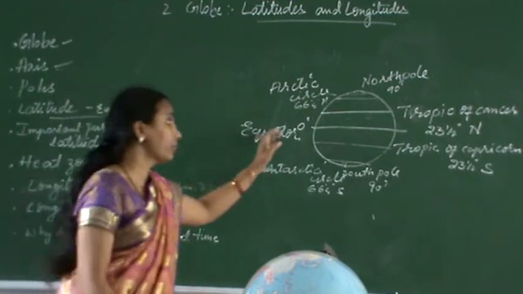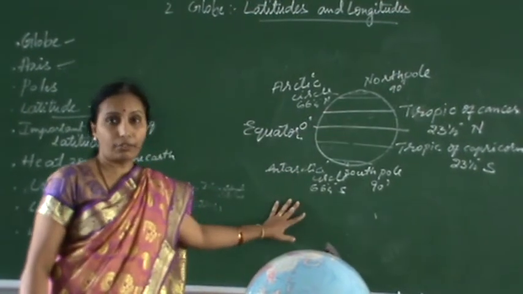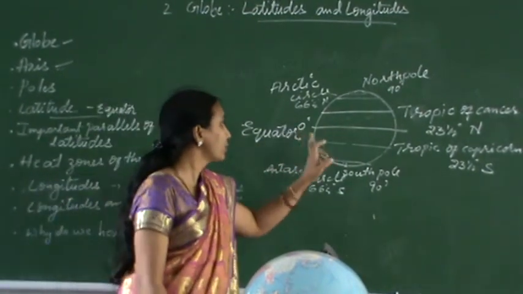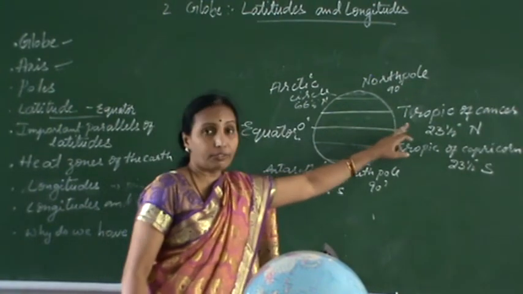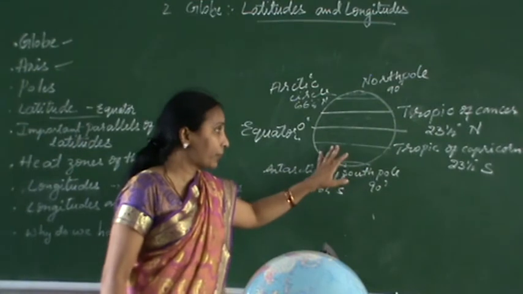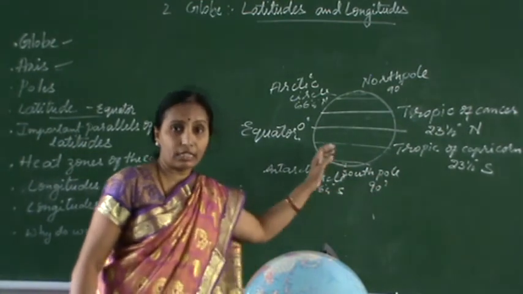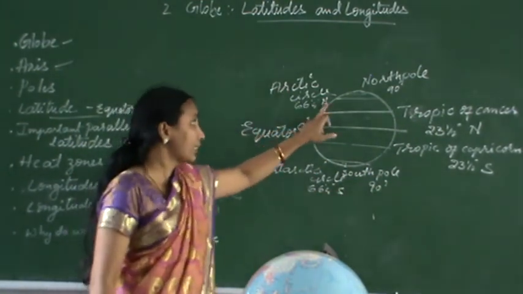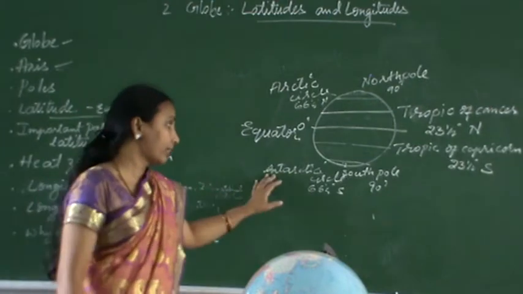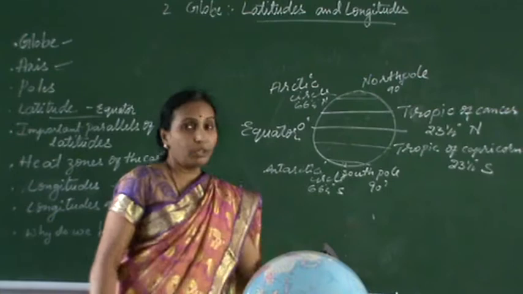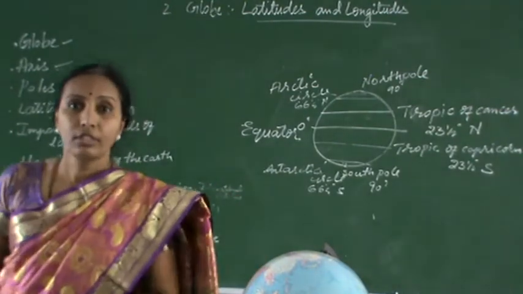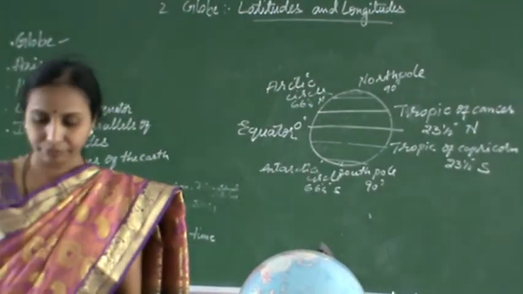You understand the important parallels of latitudes? Equator, Tropic of Cancer at 23 north, Tropic of Capricorn 23 south, Arctic Circle 66 north, Antarctic Circle 66 south, North Pole 90 degrees, South Pole 90 degrees south.